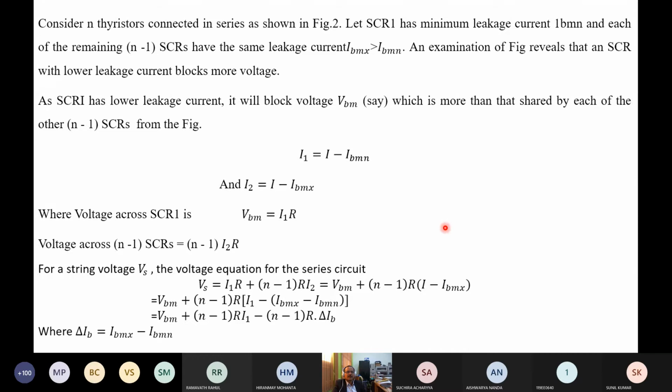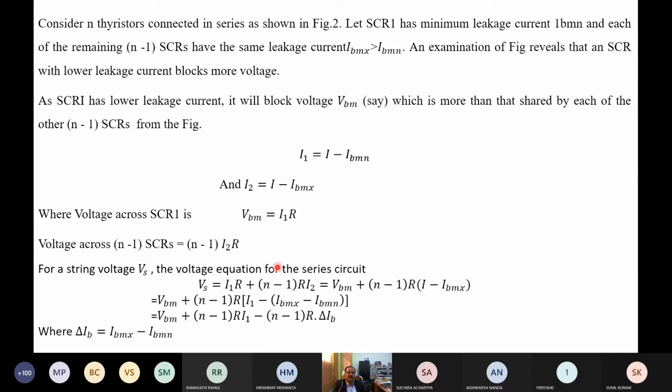So we are calculating a value of resistance which will minimize the voltage difference during steady state condition. We cannot connect resistances of different values across each series connected SCR so that the equivalent resistance of the parallel combinations are the same and the voltage distribution is equal. That is not a practical process. We have to calculate a value of resistance which will minimize the voltage difference.